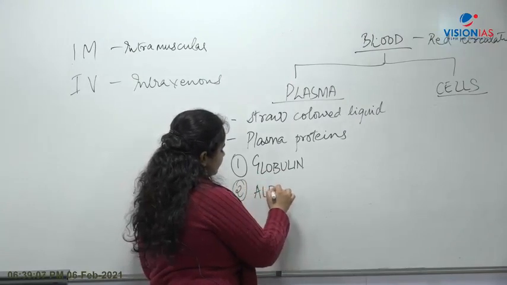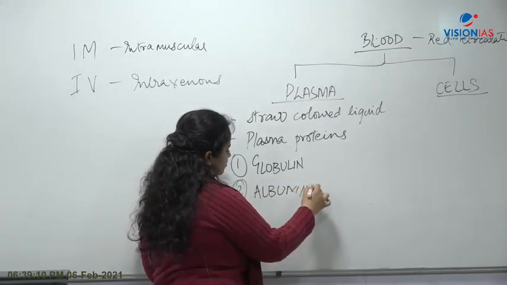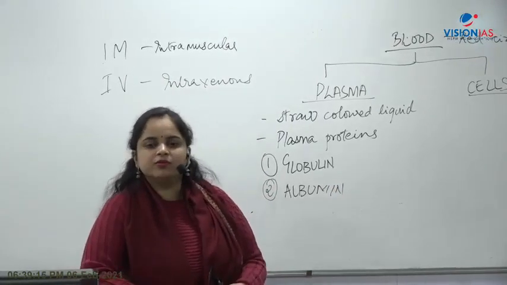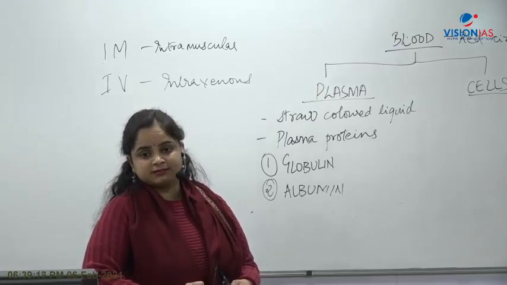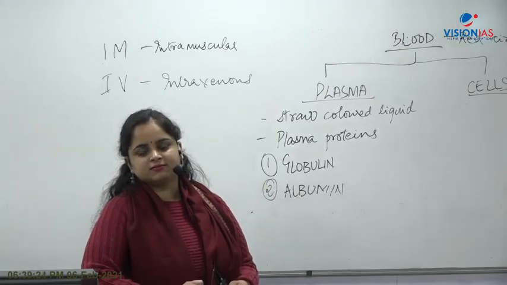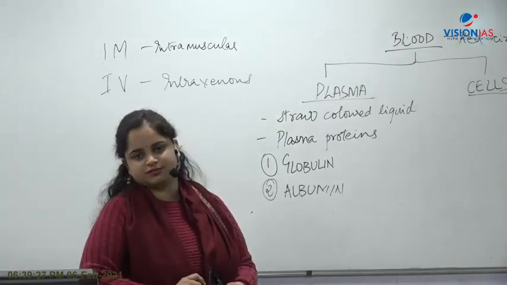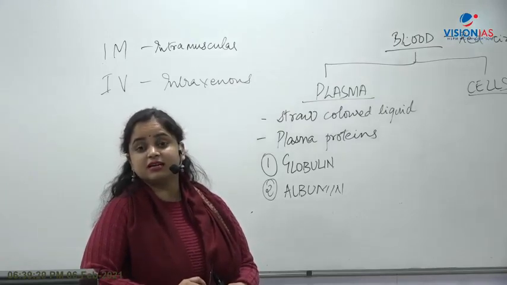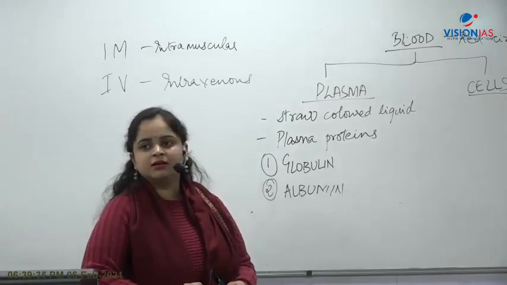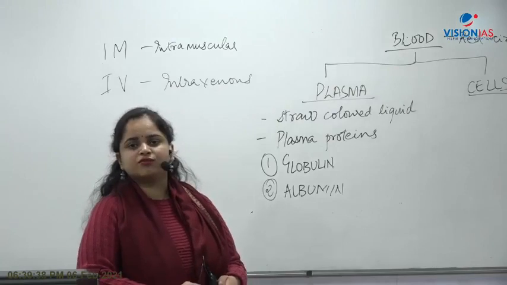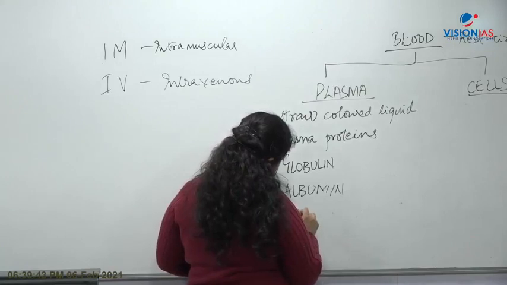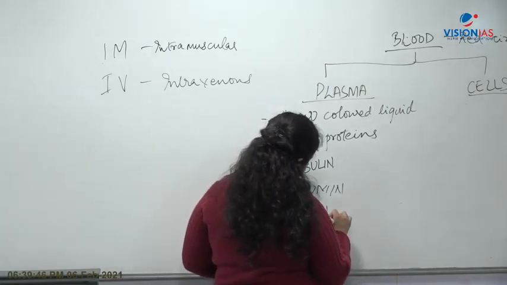Second one is albumin. Albumin helps to maintain the blood pressure. Proteins are needed to maintain consistency, to maintain pressure of the blood. So albumin maintains pressure of the blood. And then the third one, fibrinogen.